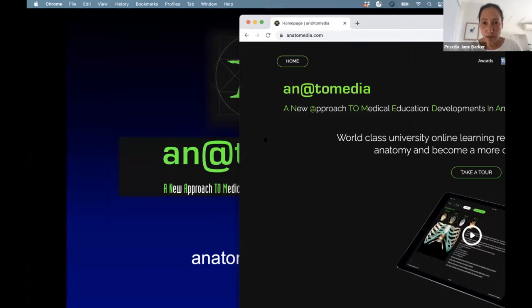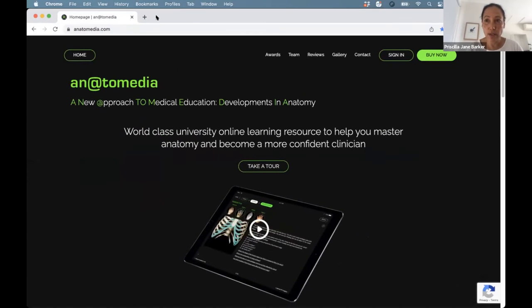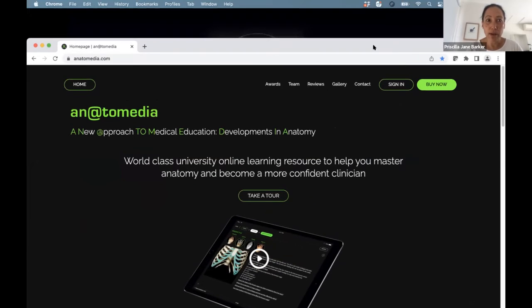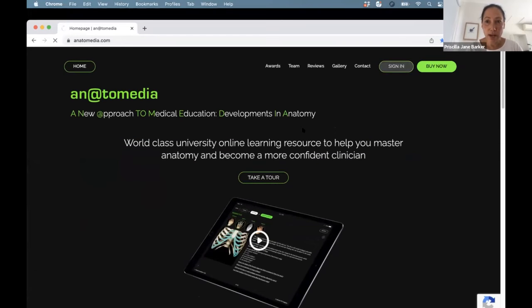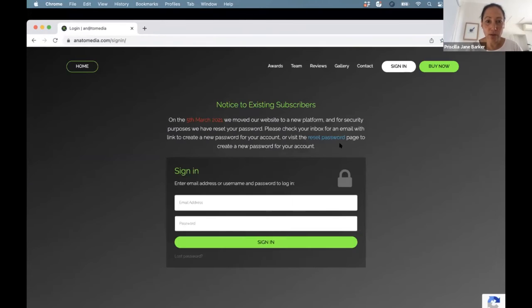So the students will access this through their university intranet, but I'm accessing it through our website, anatomedia.com. And so after you sign in on your intranet.